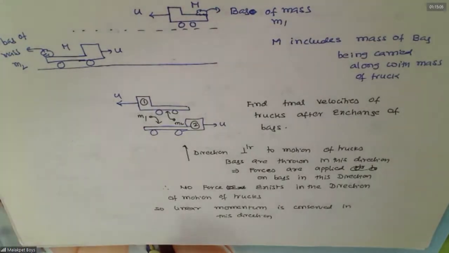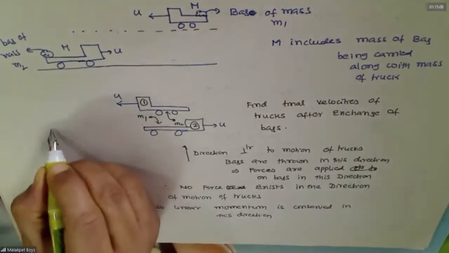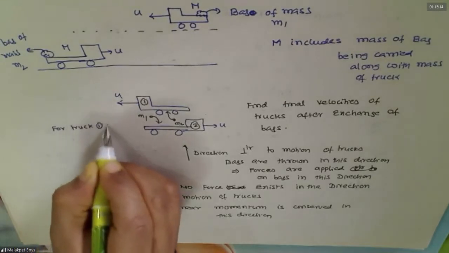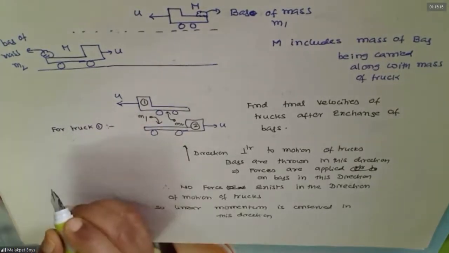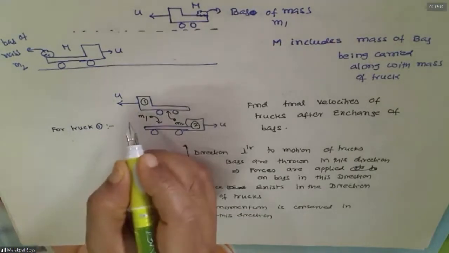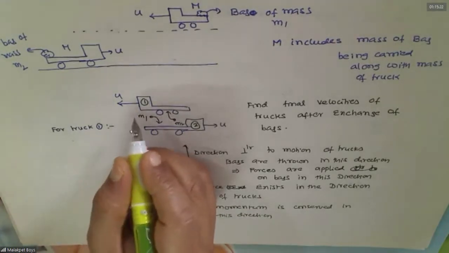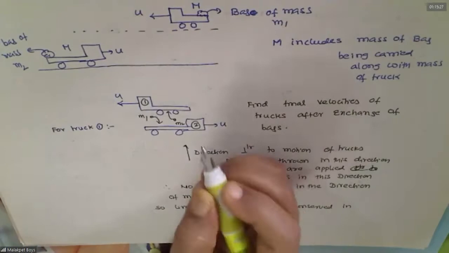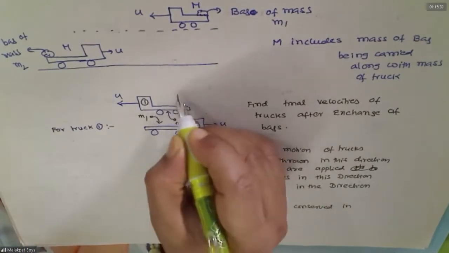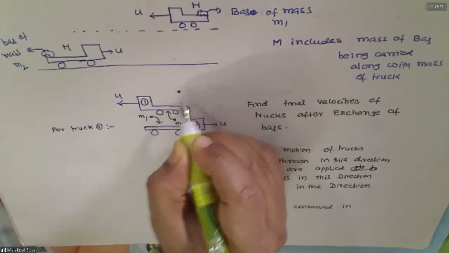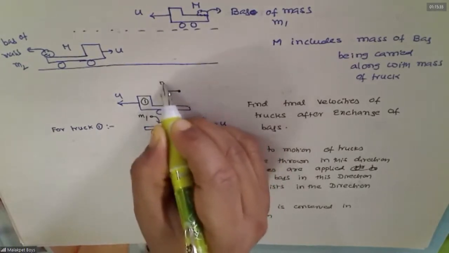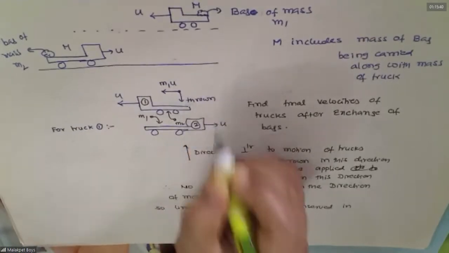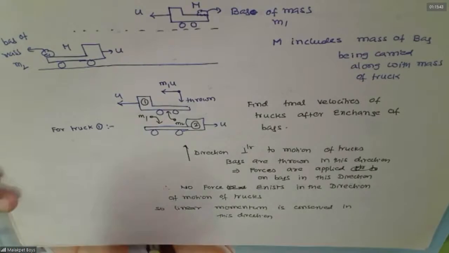So here, for truck 1, initially the velocity of truck 1 is like this. This is thrown, truck going in this direction now. So here, this bag has a velocity like this. It's the same. It is thrown like this. Do you agree with this or not? Yes, sir.